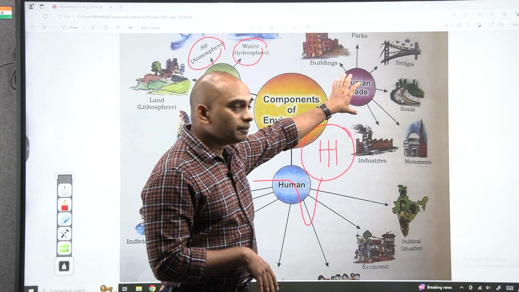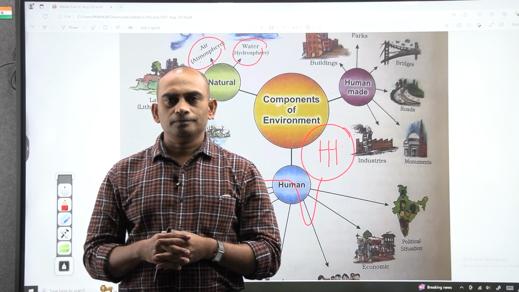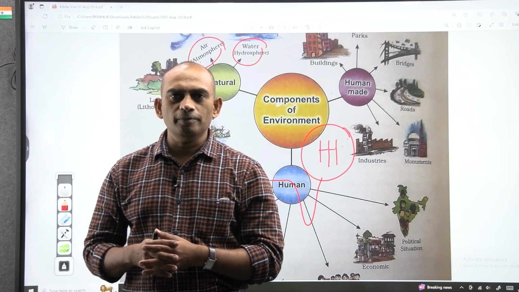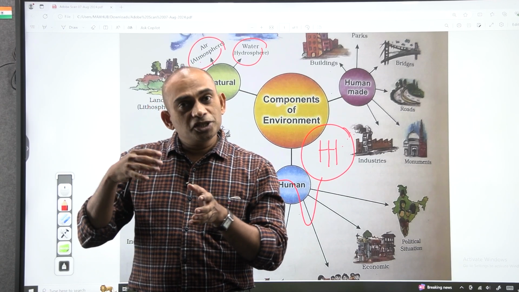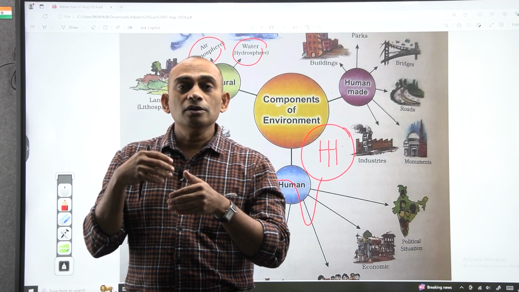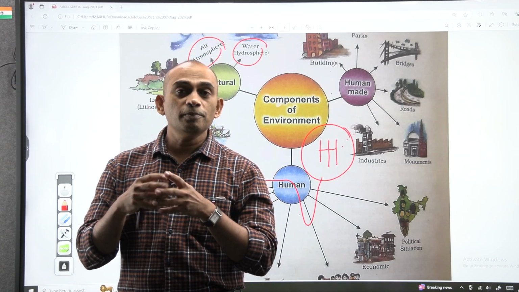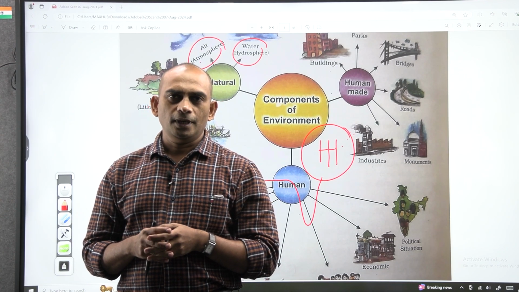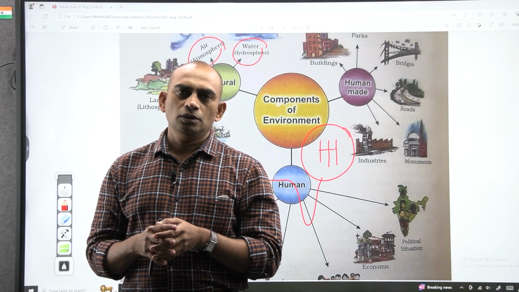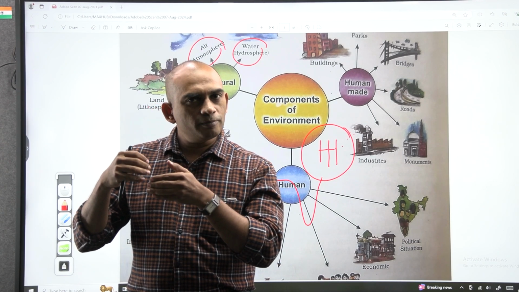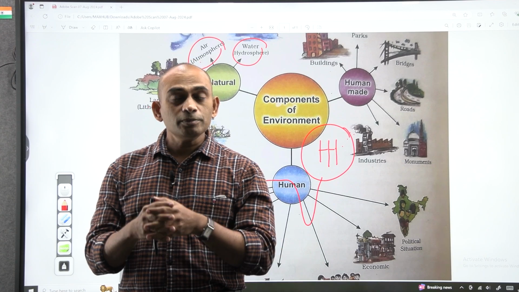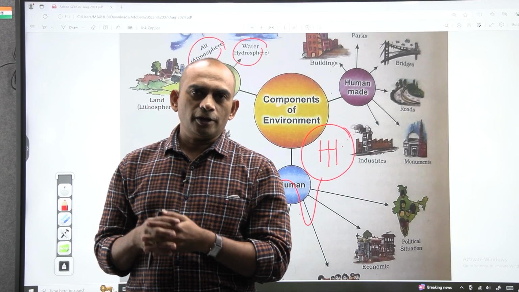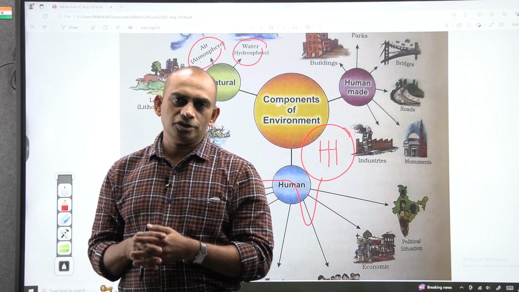Now we are going to take up human environment. It indicates how human beings are changing this environment, and this changing occurs depending upon human needs. These needs are growing day by day, and as these needs grow, modification of the environment generally occurs. And sometimes, depending upon needs, there might be a destruction of environment, destruction of nature.